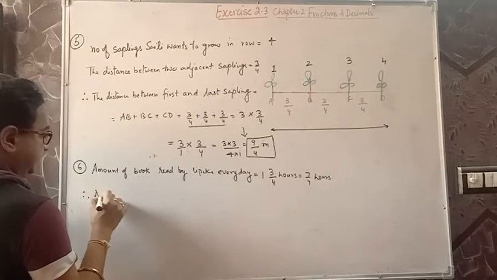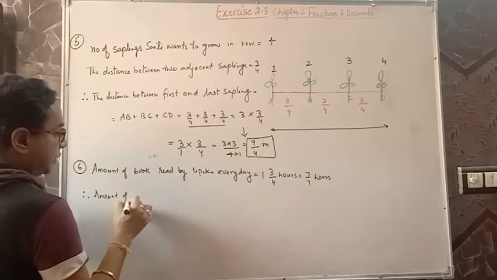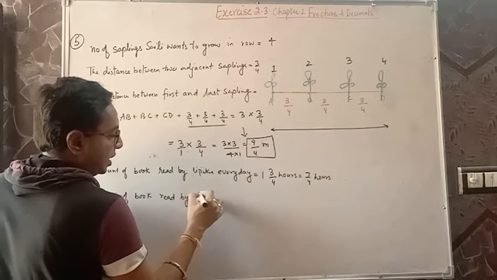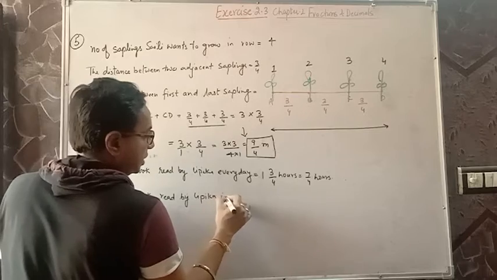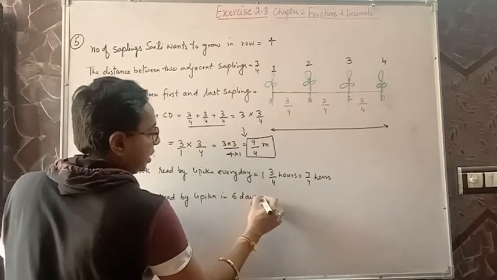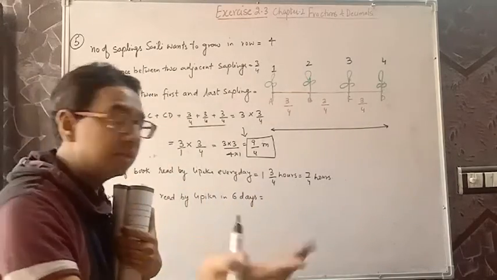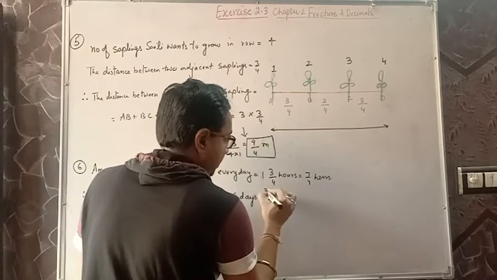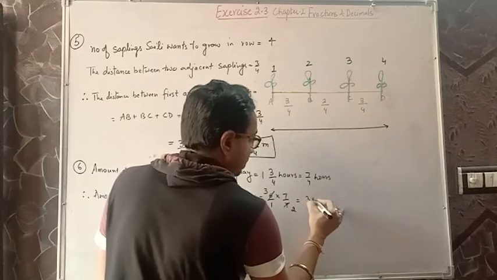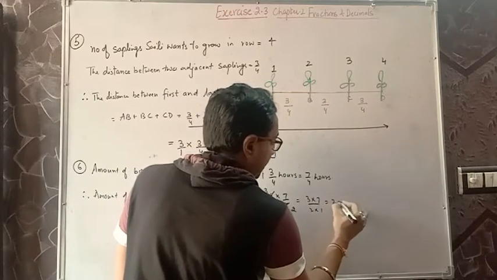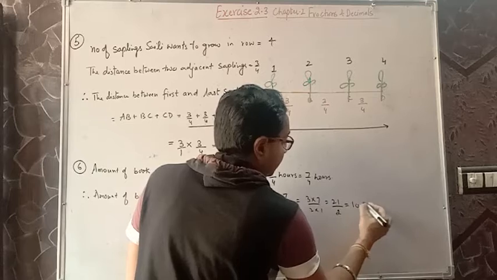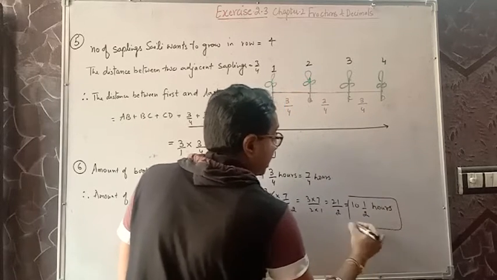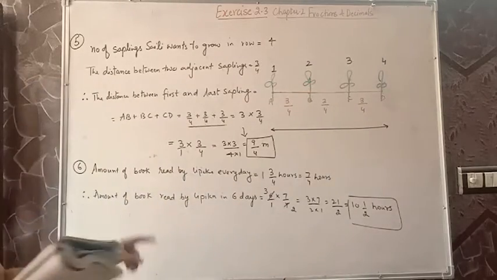Therefore, amount of book read by Lipika in 6 days. Unitary method. 1 day this, in 6 days how much? So 6 into 13 by 4. We'll be getting 3 into 13 by 2, that is 39 by 2. It means 19 1/2 hours. So she read this amount of book in 6 days.